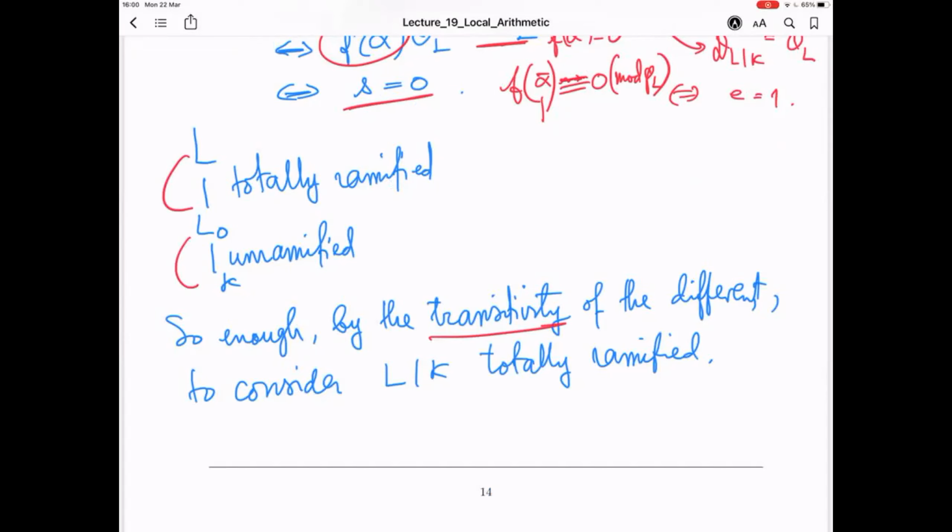It is not true that there are only two kinds of extensions, unramified extensions and totally ramified extensions. No, of course not.